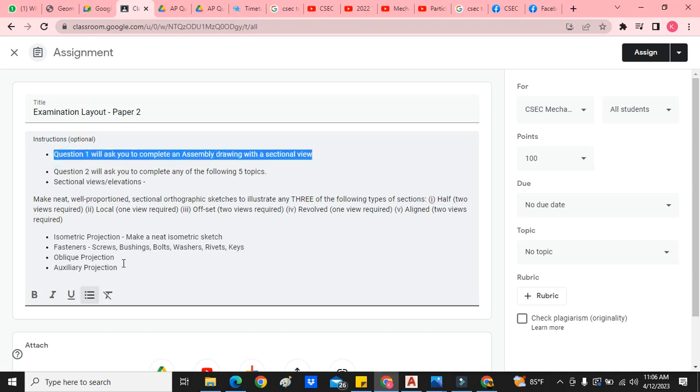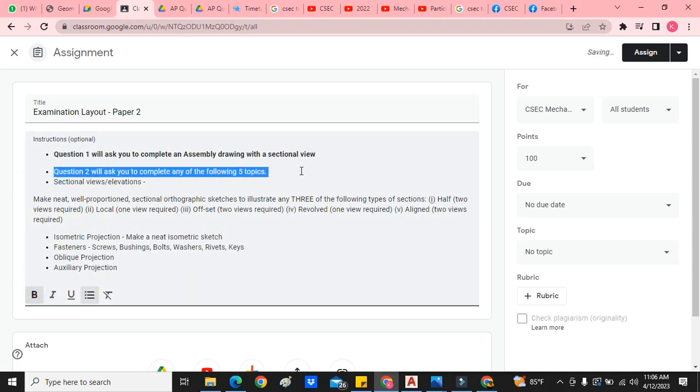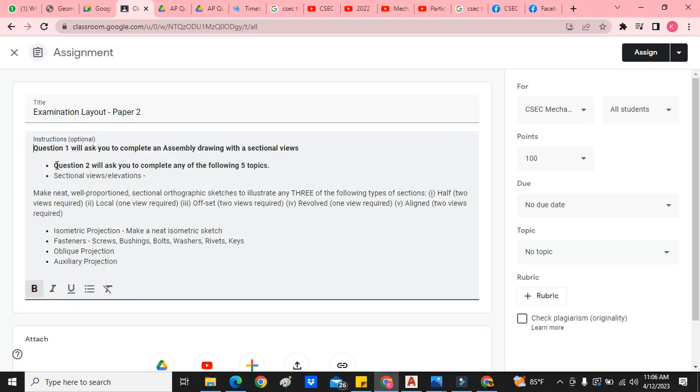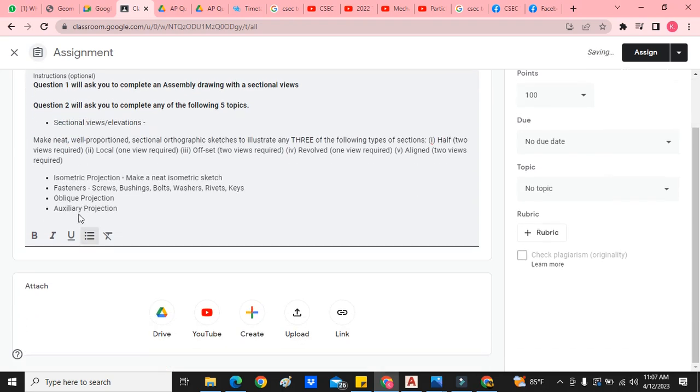Question 1 will be the assembly. Question 2 will be to answer any of the 5 topics. Now, the reason that I'm telling you this is because now that you're on vacation, you have a little more time. Please try to look at these 5 topics in question 2. Now, usually auxiliary or oblique will come. Those are the 2 most important ones. That is why we spent time doing them. Fasteners may come as well, so you have an idea of looking at them.